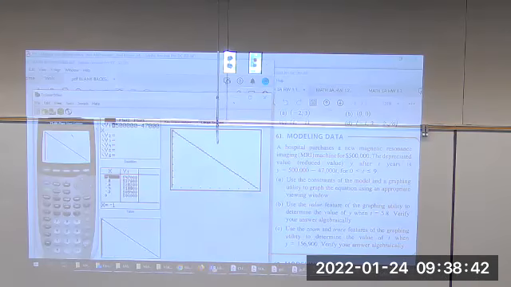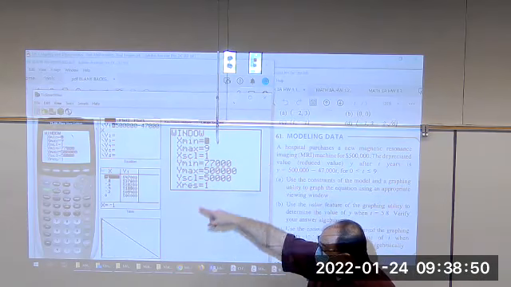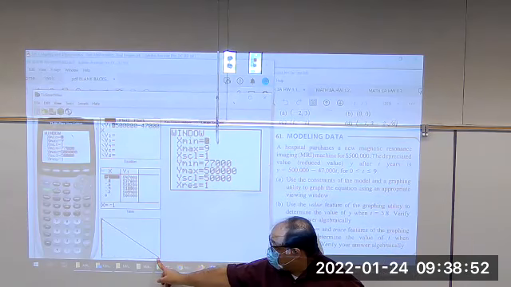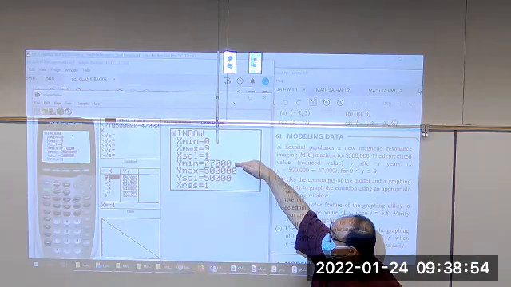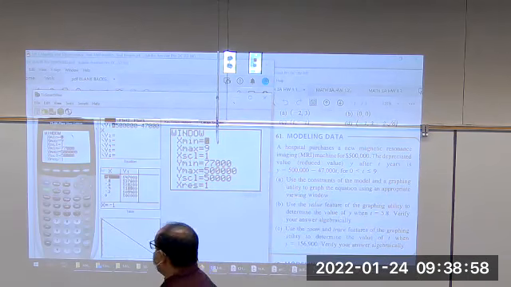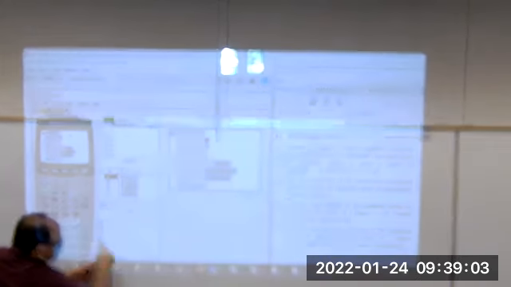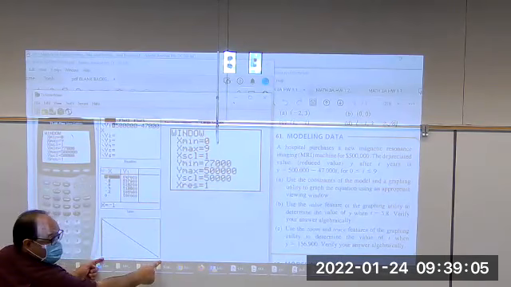The minimum at 9, when it's 9 years, the machine is worth $77,000. But zoom fit is going to give me a perfect Y value for all the X's that I have in my domain.